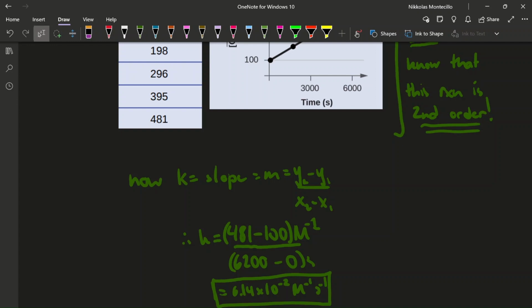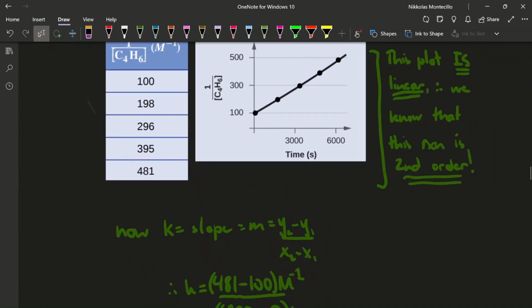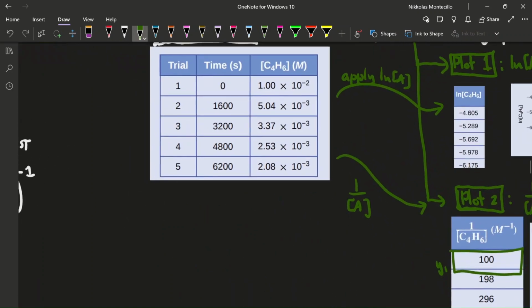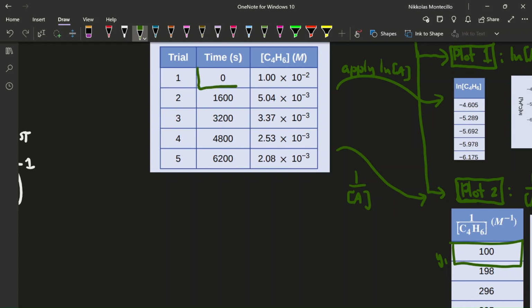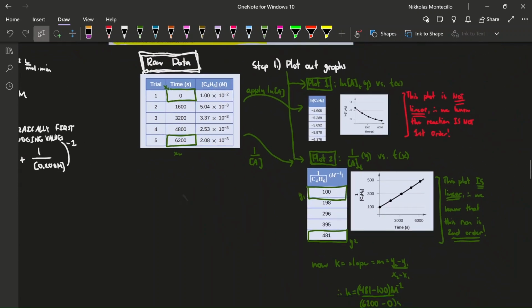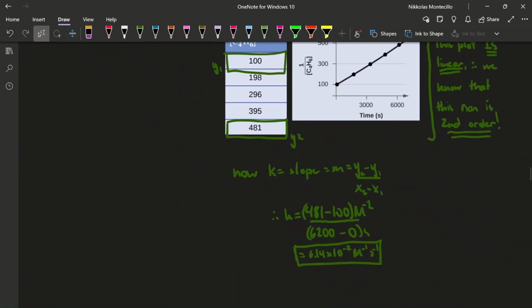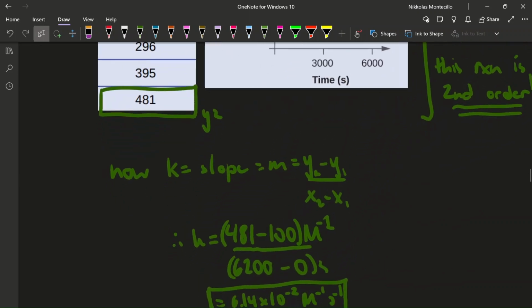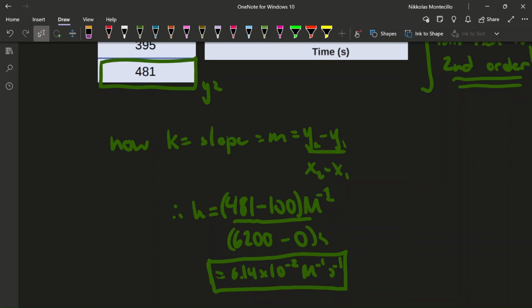Here is y2, and this is y1, this is x1, and x2. When you plug in all these values, you get 6.14 times 10 to the negative 2 inverse molar concentration per second. Okay?